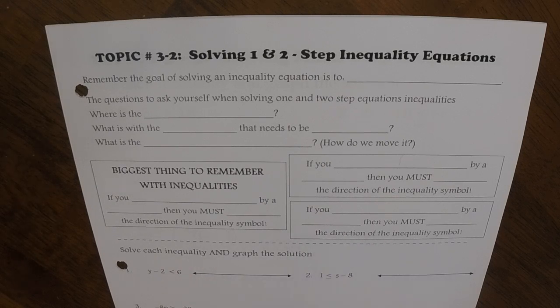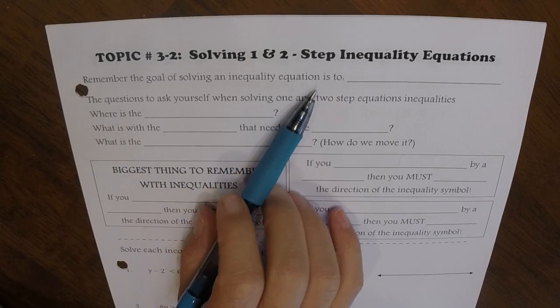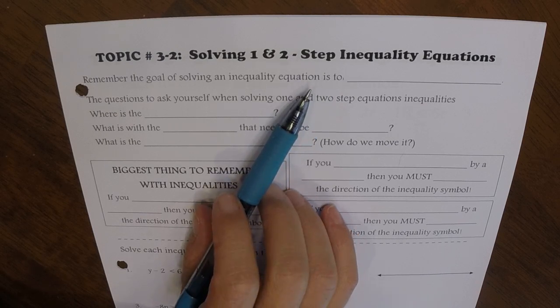You guys have learned how to graph inequalities, and so now that you know how to graph them, we're going to look at the difference between solving an inequality equation versus solving a regular equation. At the top it says, remember the goal of solving an inequality equation is to... This is not any different than any normal equation.